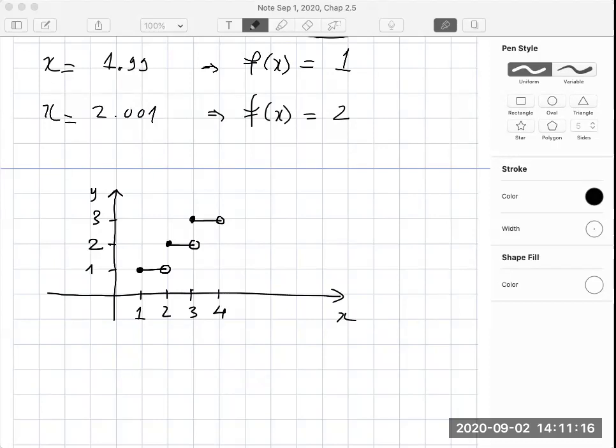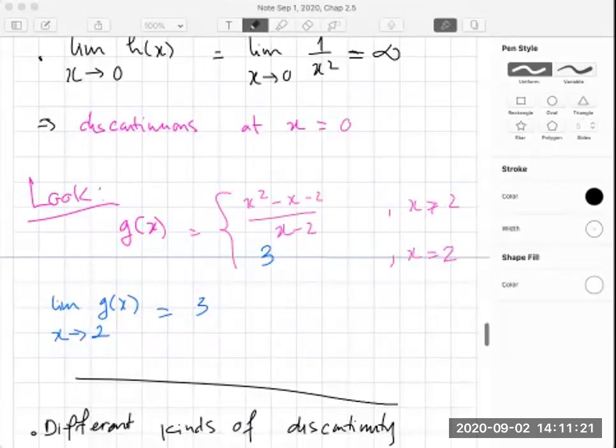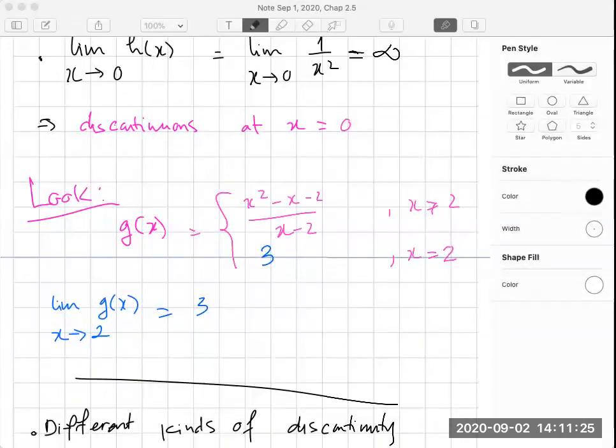So, for the removable discontinuity, it is easy to make it continuous at this point by filling the gap with the limit of the function here, right?